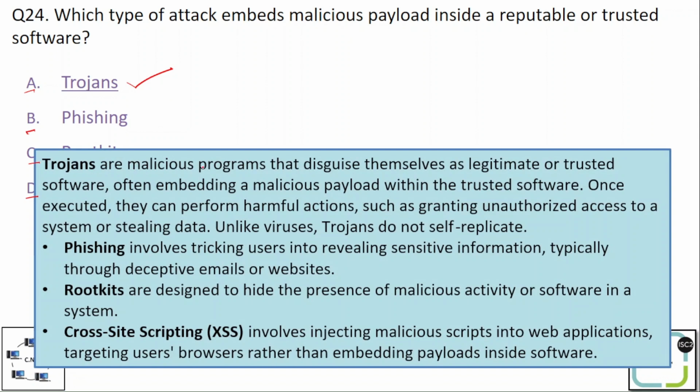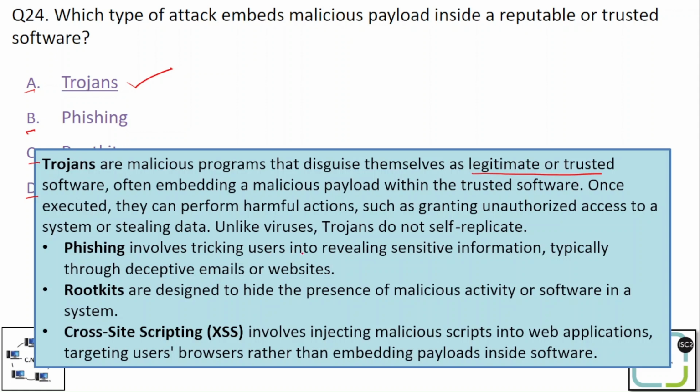Trojans are malicious programs that disguise themselves as legitimate or trusted software, often embedding a malicious payload within the trusted software. Once executed, they can perform harmful actions such as granting unauthorized access to a system or stealing data. Unlike viruses, Trojans do not self-replicate.